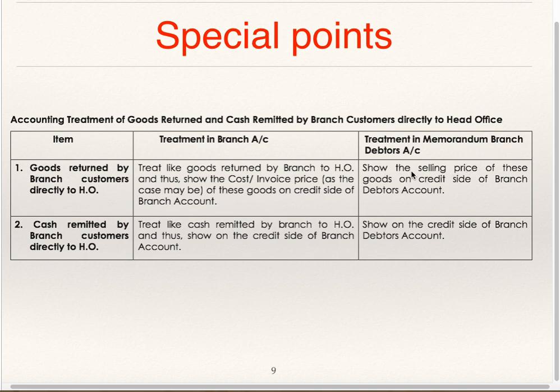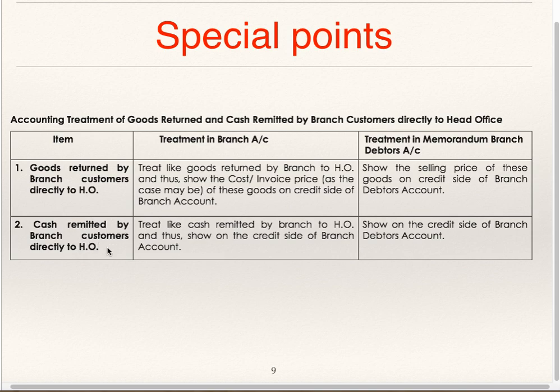Treatment in the memorandum branch debtors account: show the selling price of these goods on the credit side of branch debtors account. So if goods are returned by branch customers directly to head office, in order to reduce debtors balance, it is to be credited to memorandum branch debtors account as well as it is to be credited to branch account also.